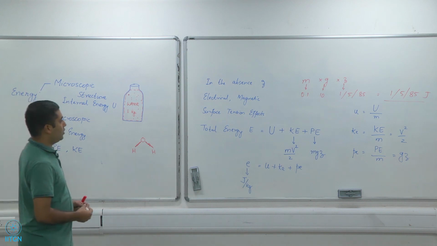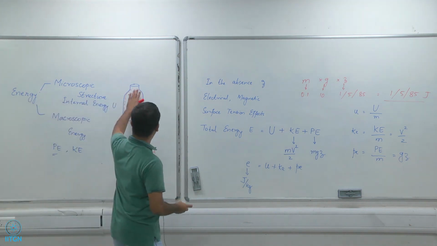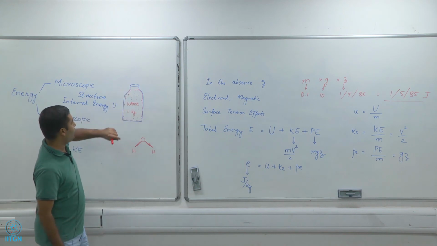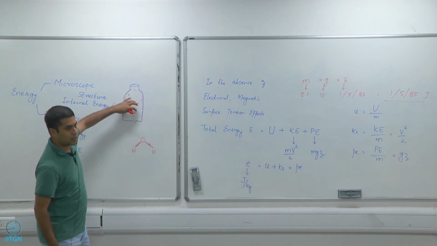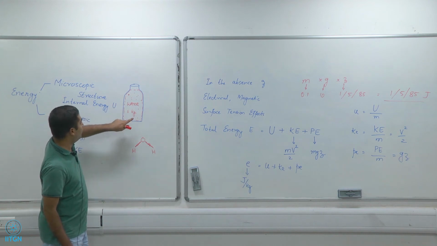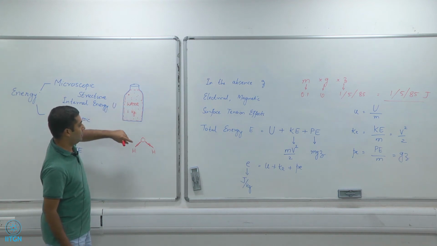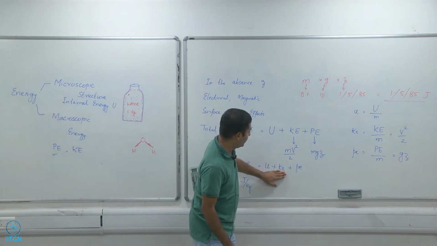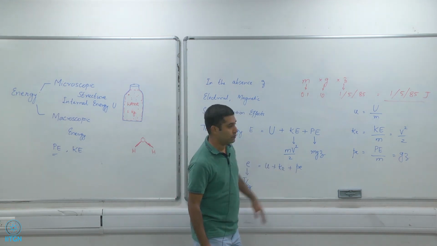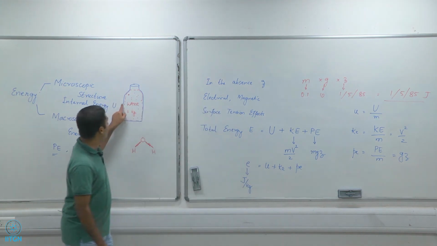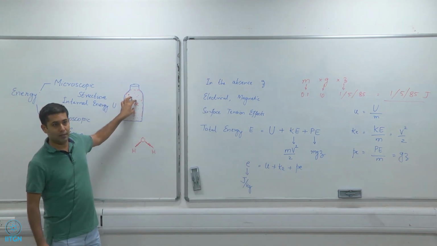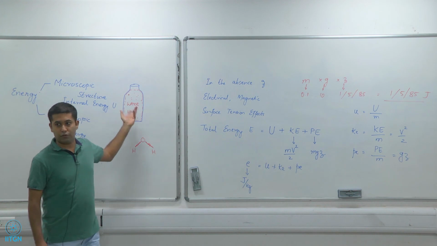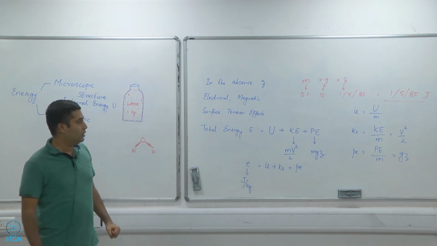Right. So we can talk about the total energy of this system as comprising its internal energy plus its kinetic energy plus its potential energy, or we can talk about it in intensive properties, as specific internal energy plus specific kinetic plus specific potential energy, where I have divided it now by its mass, which happens to be 1 kg in this case, but it could be 10 kgs or 5 kgs or whatever number of kgs, right.